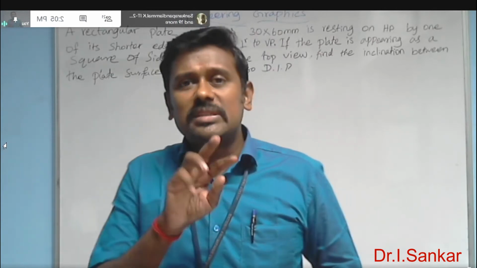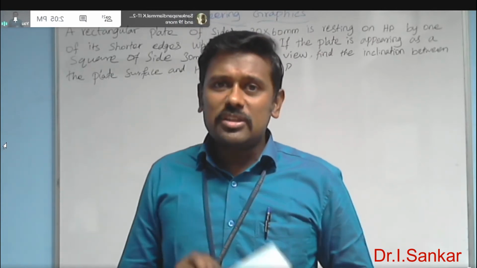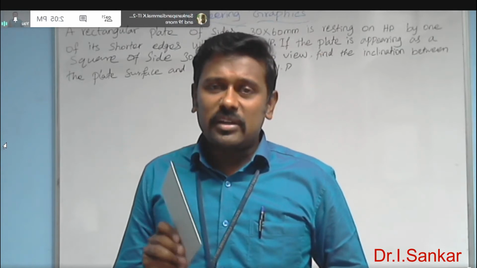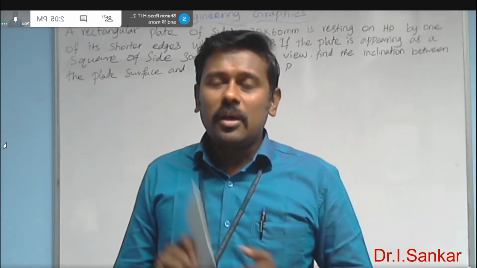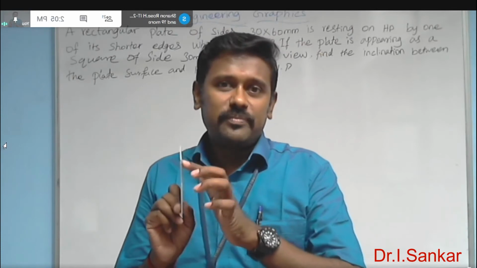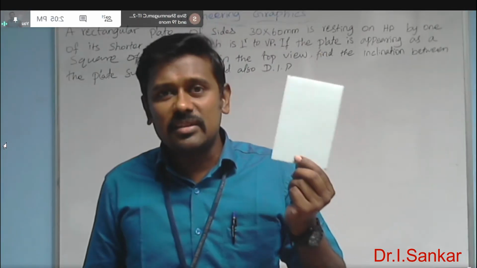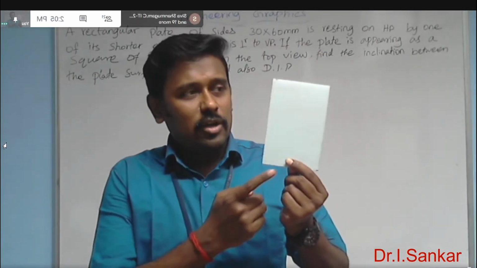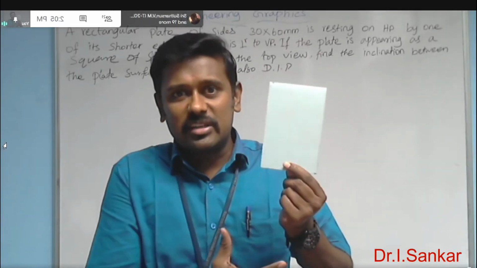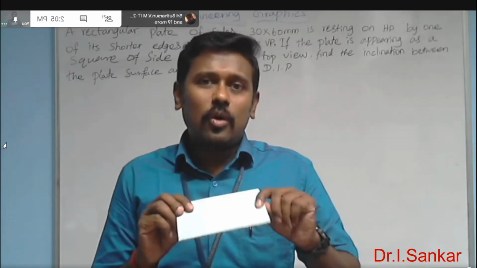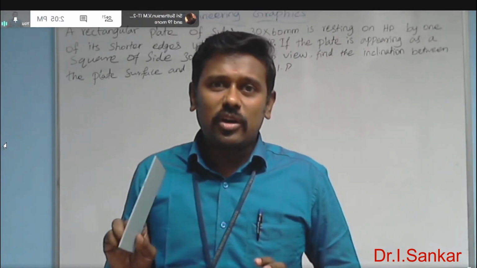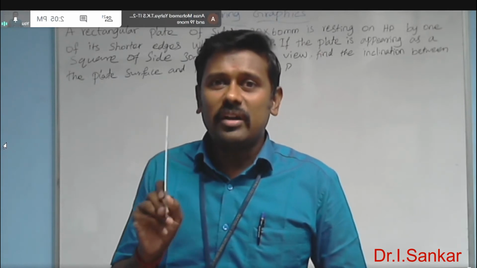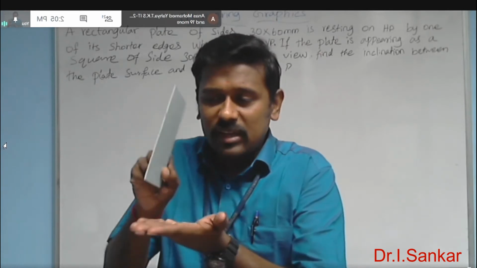Out of these three possibilities, in this question the rectangular plate is resting on the horizontal plane by one of its shorter edges. Totally, how many edges are there in this plate? 4 edges are there, 2 shorter edges and 2 longer edges, and the dimensions are also known. So, out of these 4 edges, this rectangular plate is resting on HP by one of its shorter edges.